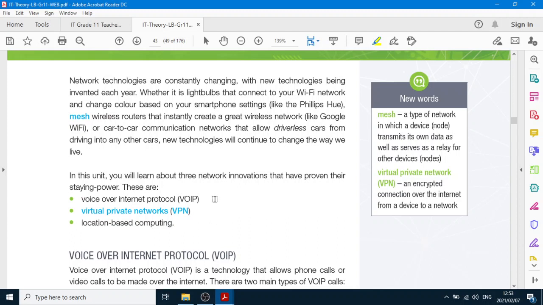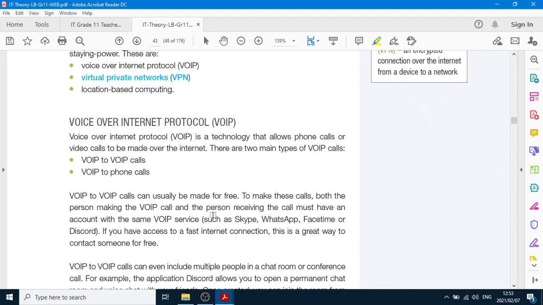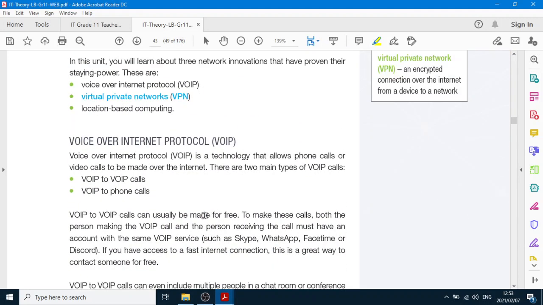And the ones that have been used and are worth using are the voice over IP, which is voice over internet protocol, VoIP, and then virtual private networks and location-based computing. We'll discuss those three quickly.